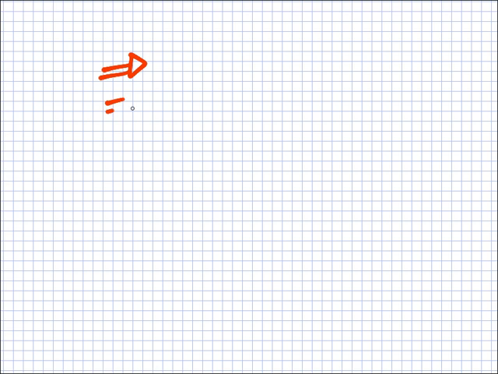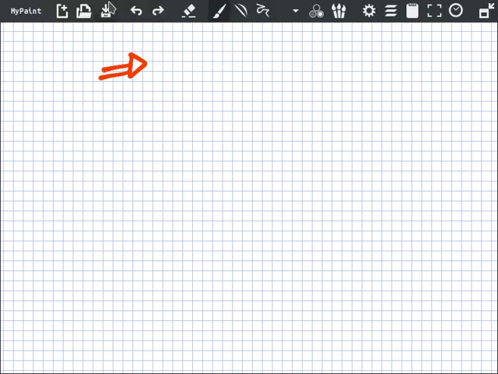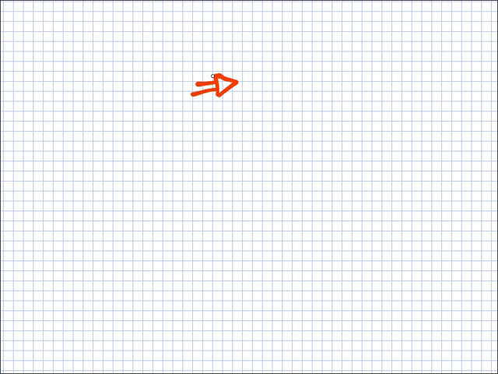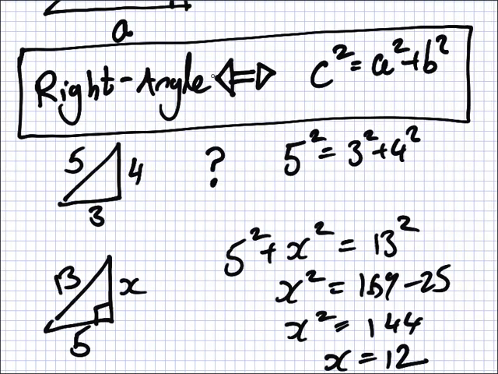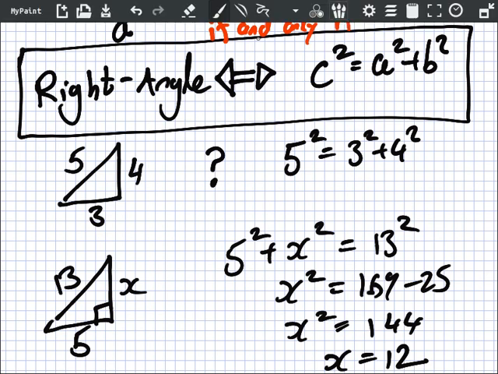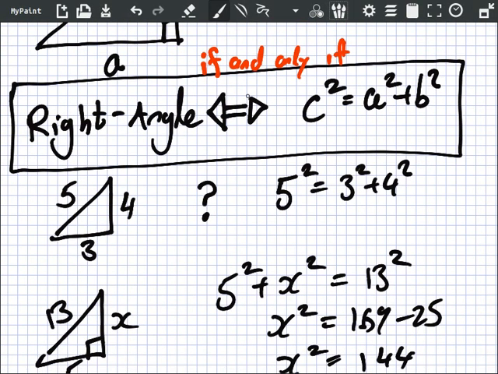Not quite equals, because that's equals. It's an arrow. Implies. Okay, we don't know our names, that's okay. This one is called if and only if. That's the name of this one. I think you should make note of that.